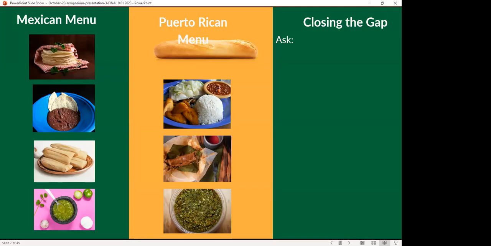So here we have tortillas, which are the round disc that are the base of most Mexican food, which are not consumed in the Puerto Rican diet. What you mostly see in the Puerto Rican diet will be bread, different kinds of bread.